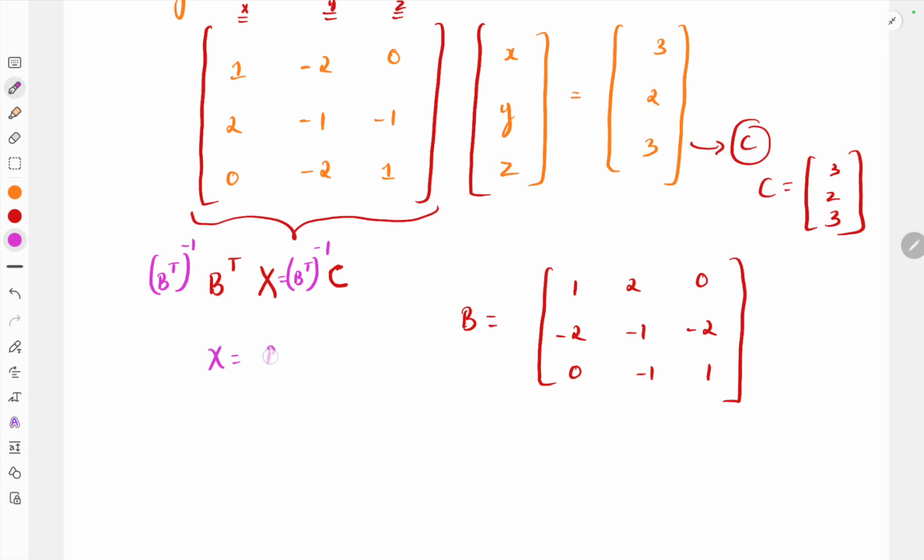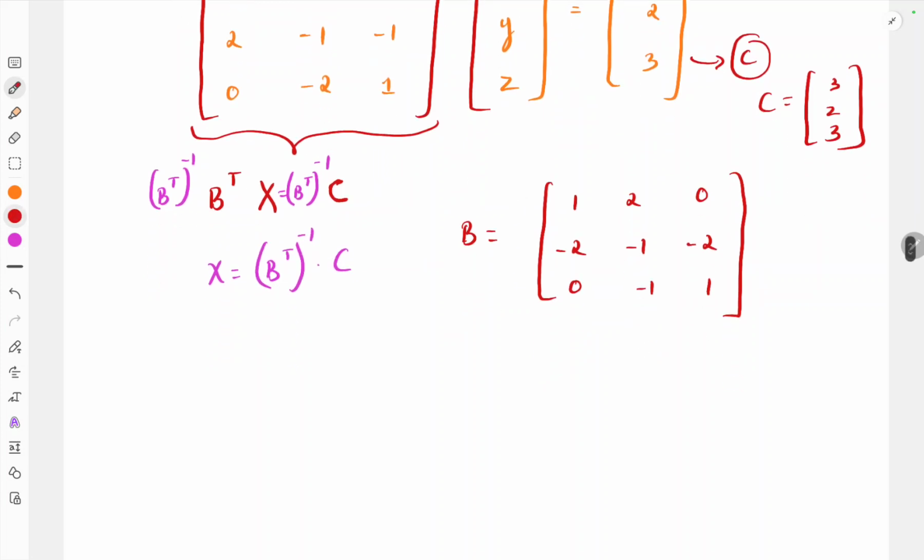So X will be equal to the inverse of B transpose into matrix C. And we know the property that the inverse of B transpose is the same as, after finding B inverse, taking the transpose of that.